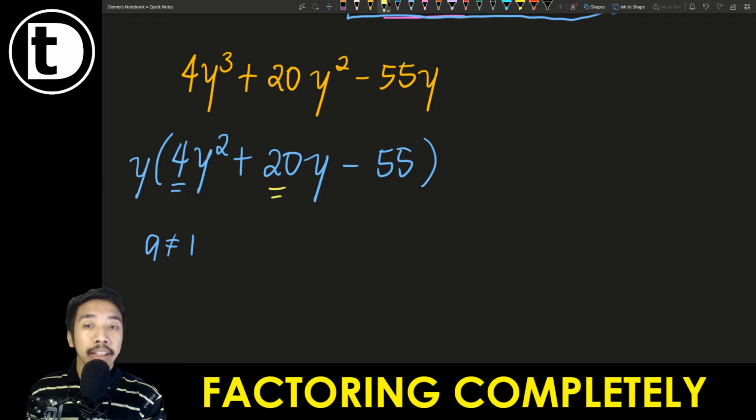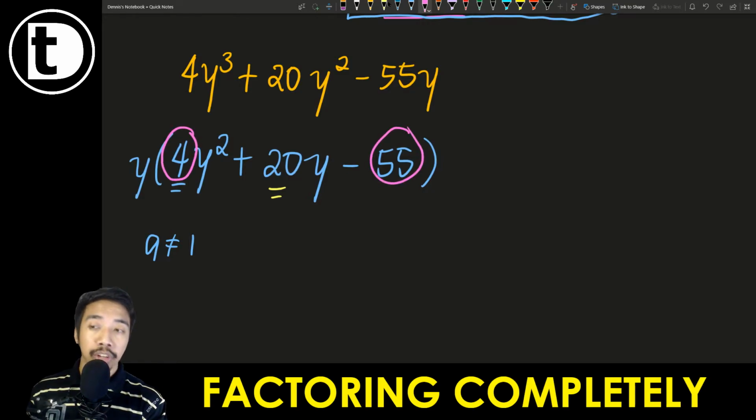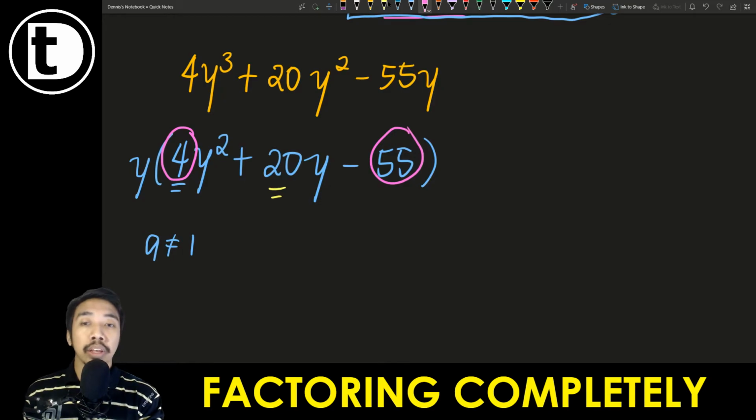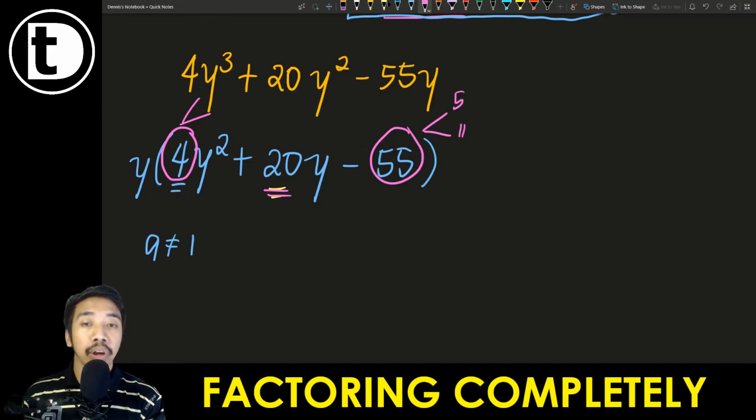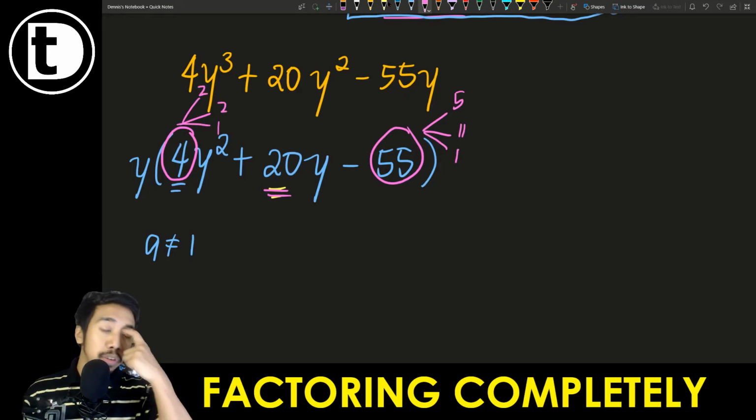You check the factors of your third term and the factors of the numerical coefficient of your first term. Then you play with them so that it should become 20. We all know that 55 has 5 and 11. Let's also consider 1. And then we have 2, 2, and 1. Those are the factors we have to consider.